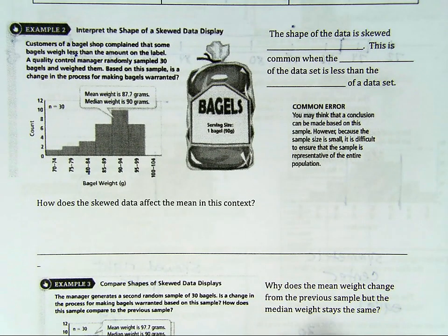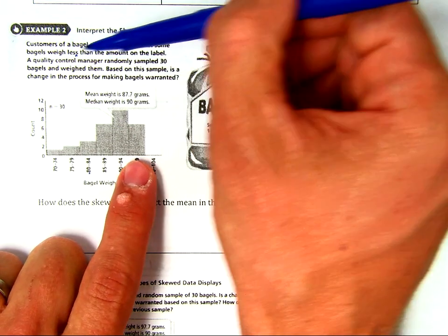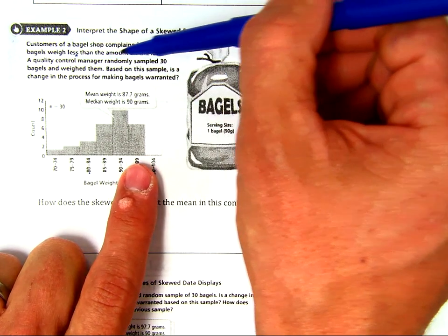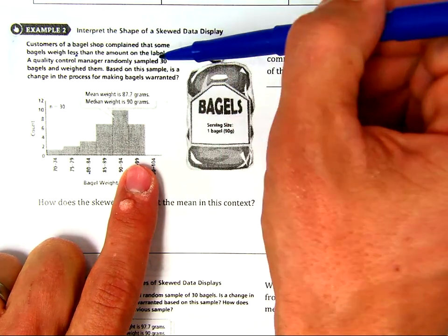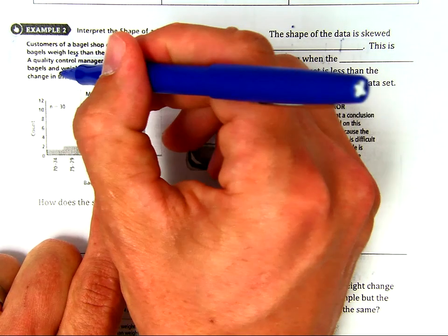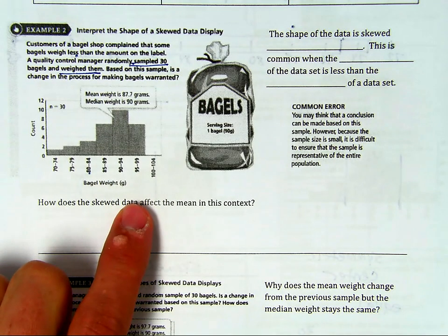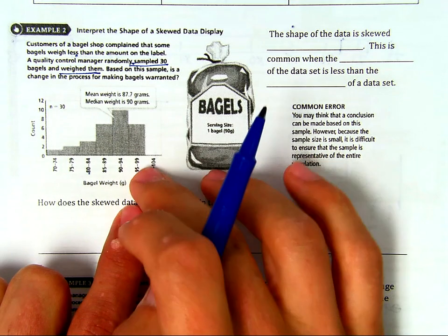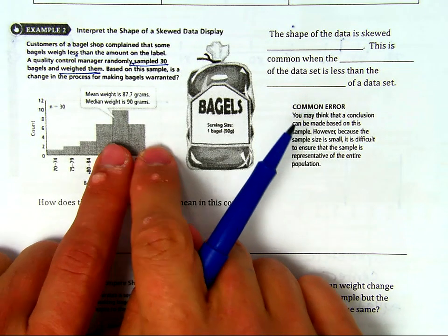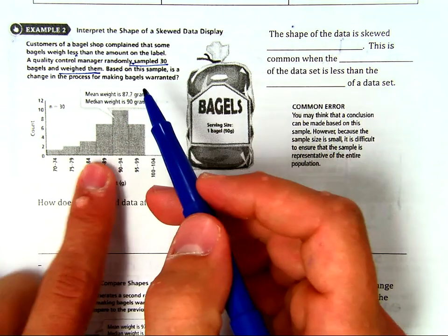Example 2 says, here we've got customers at a bagel shop who complain that some of the bagels weighed less than the amount on the label. A quality control manager randomly sampled 30 bagels and weighed them. Based on this sample, is a change in the process of making bagels warranted? Basically, we want to see if most of them weigh what they should. If we look here, notice the shape of the graph.